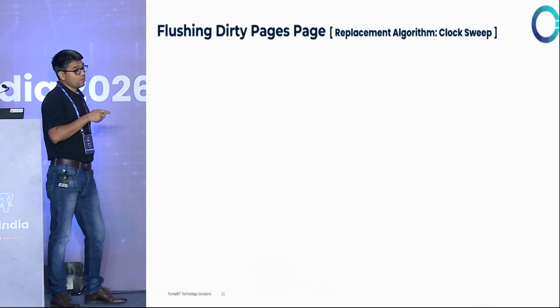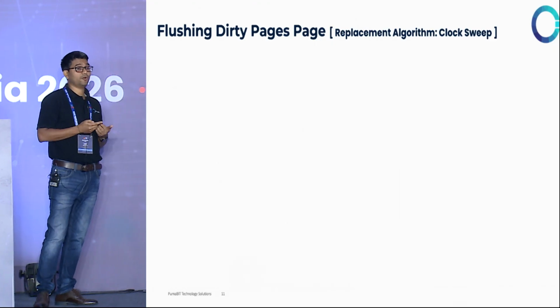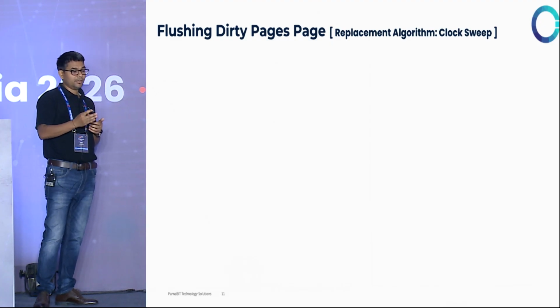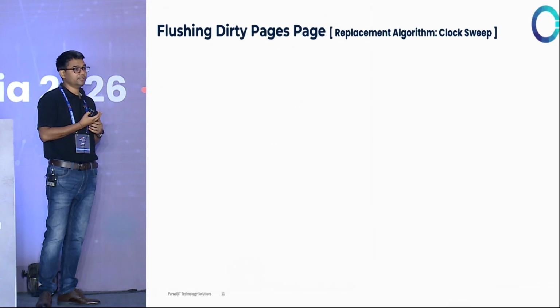Now coming to how, once I have the buffer loaded and everything is there, I need to keep recycling the data: keep recently used data in the memory and flush the unused data from the memory.